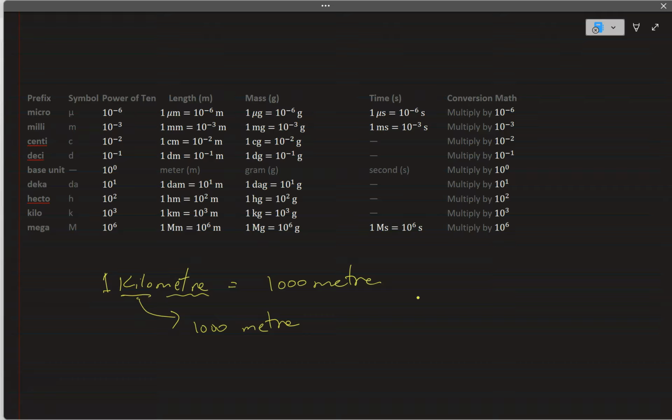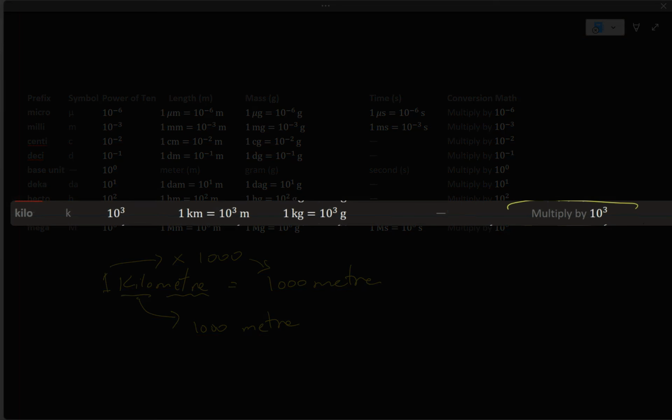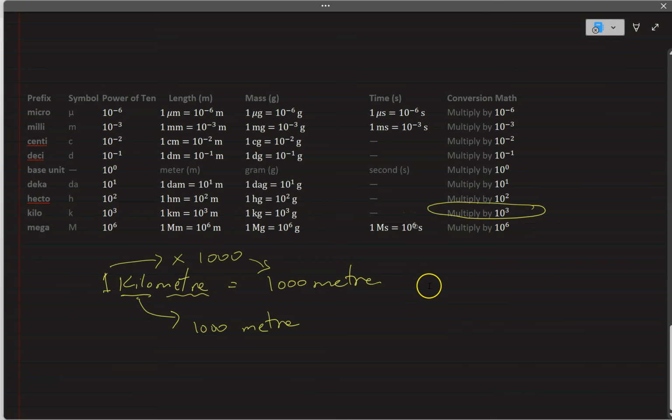We multiply this 1 by 1000 and we get 1000 meters. And this is why we have this part right here. It says multiplying by 1000. That is the conversion math table, and I am going to include this table as well for you. Okay, so download that as well.